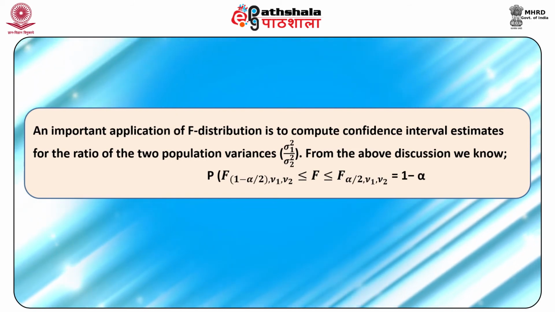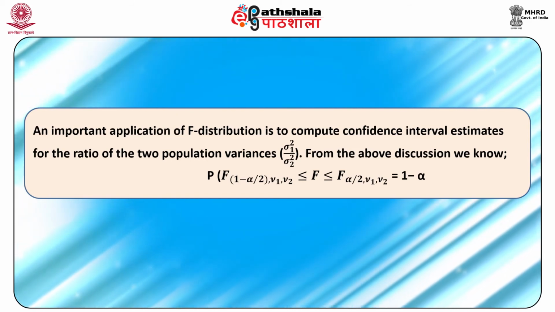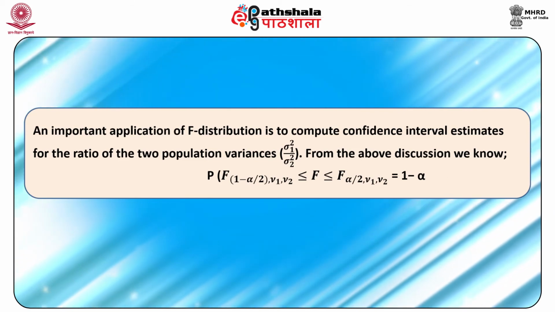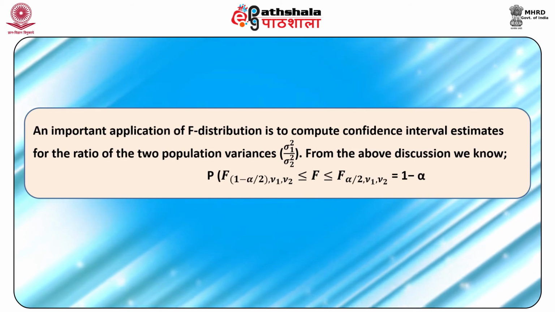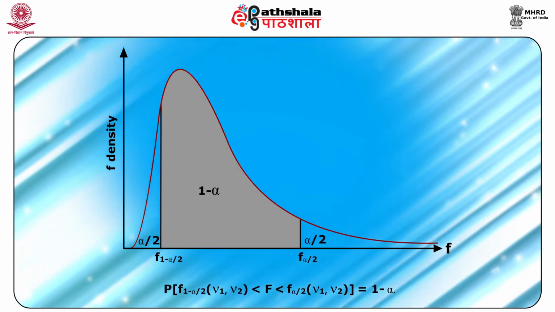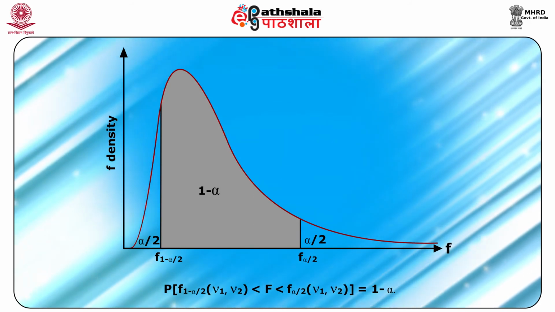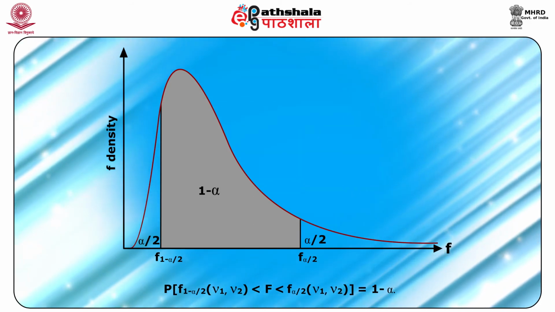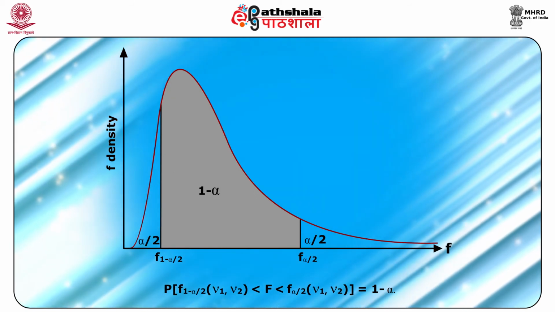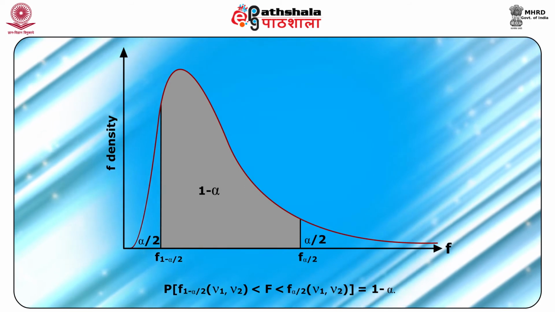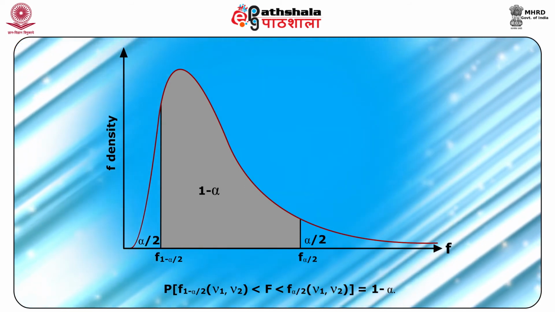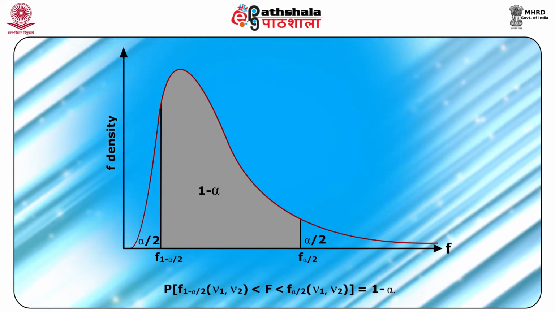From the above discussion, we know that the probability of F between F(1−α/2; ν1, ν2) and F(α/2; ν1, ν2) is equal to 1 − α. One can see figure 5, where we show the upper tail of α/2 and the lower tail of α/2, corresponding to F(α/2) and F(1−α/2). The area between these two tails is 1 − α.